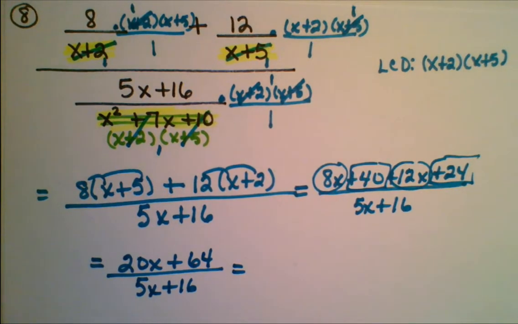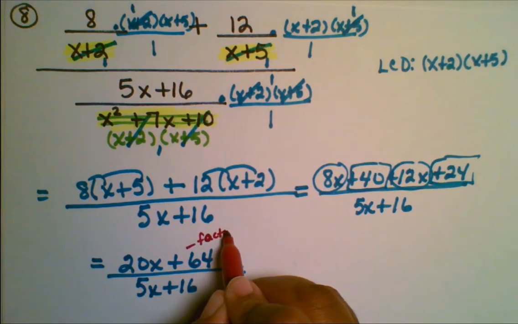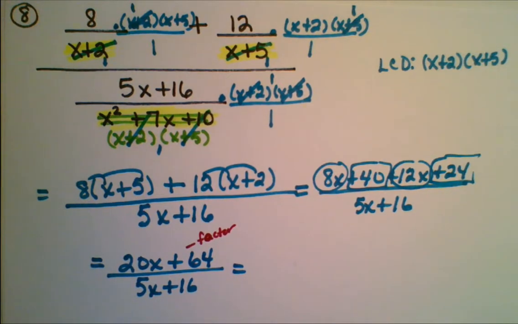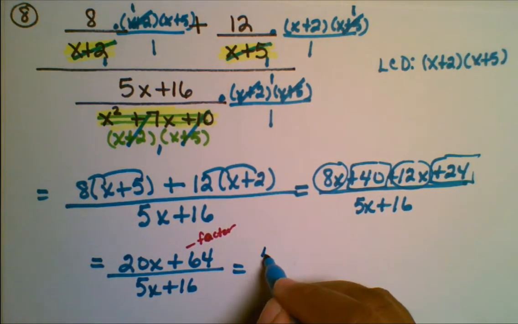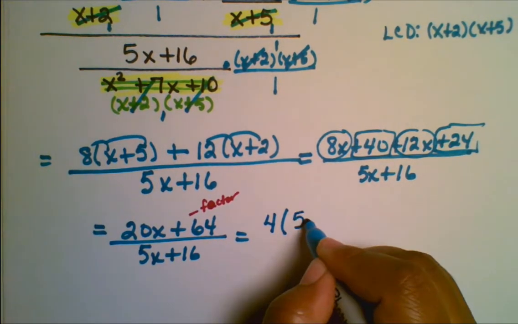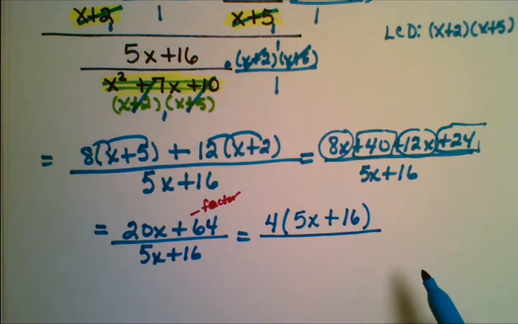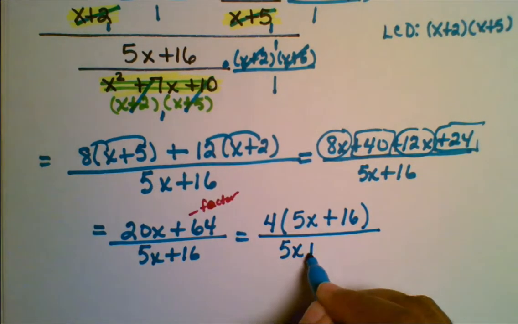Now, before we finish the question, make sure it's in simplest terms. Remember, with rational expressions, simplest terms means make sure the numerator and or denominator are factored. So look at the numerator. We can factor the numerator, meaning we can factor out a 4, and we have 4 times 5x plus 16, and then our denominator is 5x plus 16.